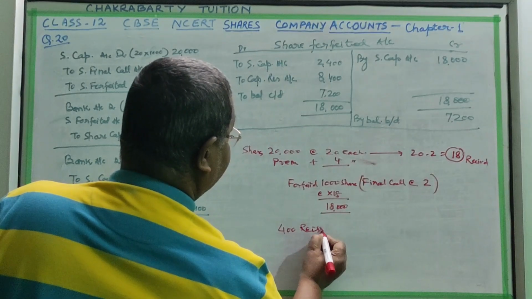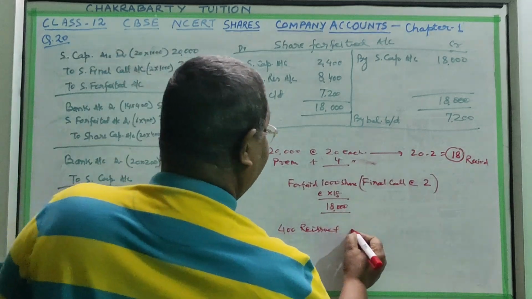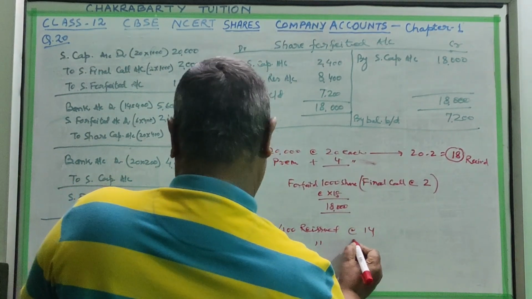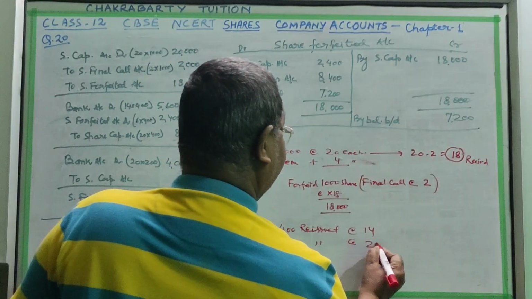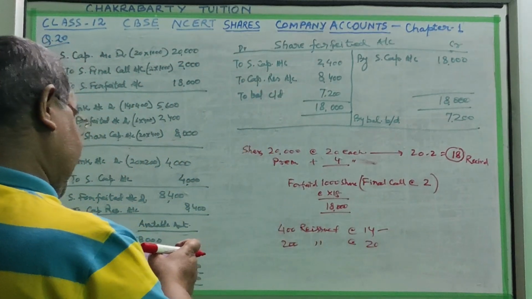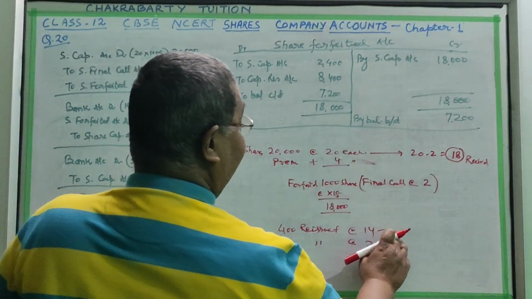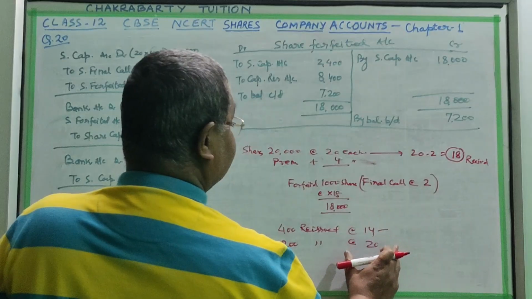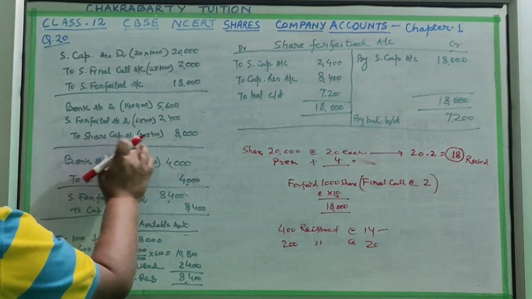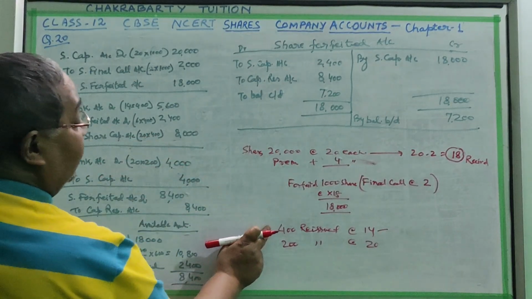400 shares were reissued at the rate of 14, and 200 shares were reissued at the rate of 20. So when you issue at rupees 14 per share, the call has been made for 20 rupees, so capital account will be credited by 20 rupees for 400 shares.